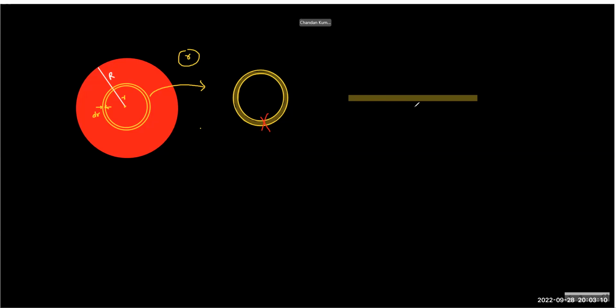So once you cut it and stretch it, what you get is a rectangle. What is the width of the rectangle? The width will be dr. And what is the length? The length is how much?